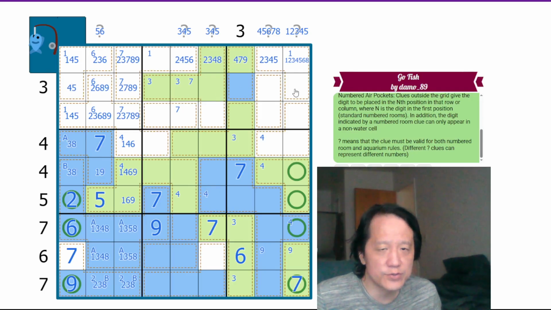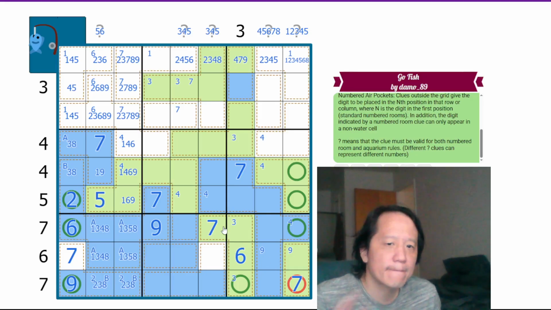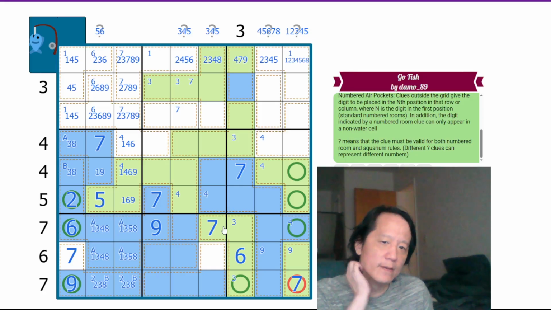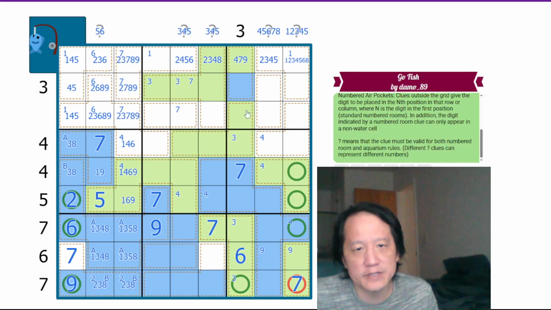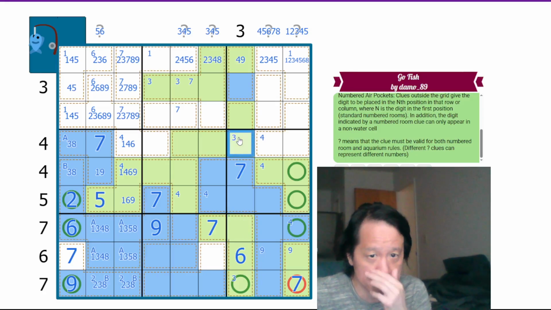This is 3, so that's not done. This is done for the water. This is not done for this column here. So we'll mark that as, I don't know, red? Who knows? We have the row done, but not the column. 7 here eliminates 7 in the rest of the column. So 3 cannot be there. 3 is either here or it's there.